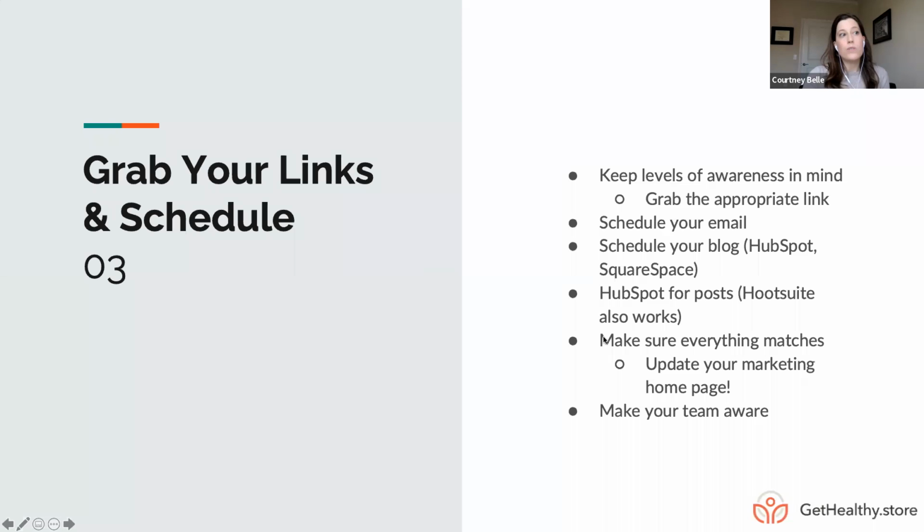Another way to schedule out actual social posts is going through HubSpot. You may not have it built in, but if you do have HubSpot, they have different levels. So if you do get a certain level, I believe it's the Marketing Hub, then you can actually schedule posts within HubSpot. You can also schedule posts within Canva.